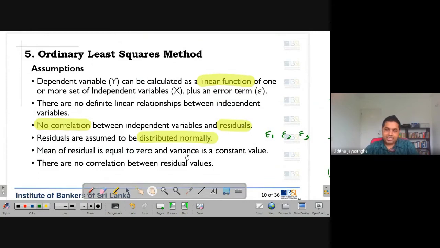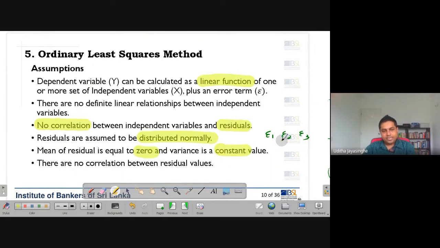And variance is going to be a constant value. If the variance is not a constant value, of course, that also tells you that this line is not an optimized one; there is a best fitting line otherwise. So mean of residuals is equal to 0 and variance is a constant value is the assumption that we just discussed.